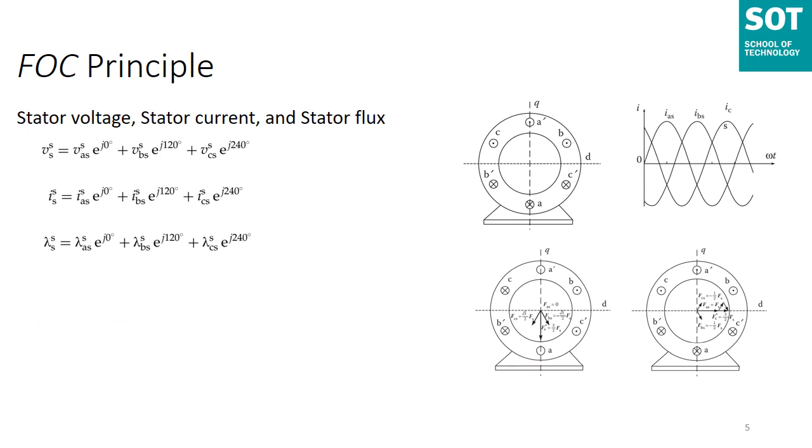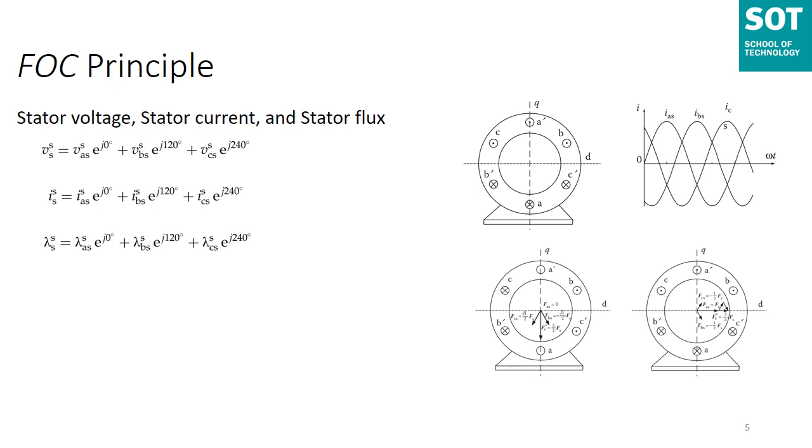Similar to the MMFs of the stator field, the stator voltage Vs, the stator current Is, and the stator flux lambda s can be expressed as vectors in a similar way. Please note again that the subscript s in the mathematical expressions on your left side refers to the stator, ABC refers to the three phases, and the superscript s refers to the variable referred to the fixed frame.